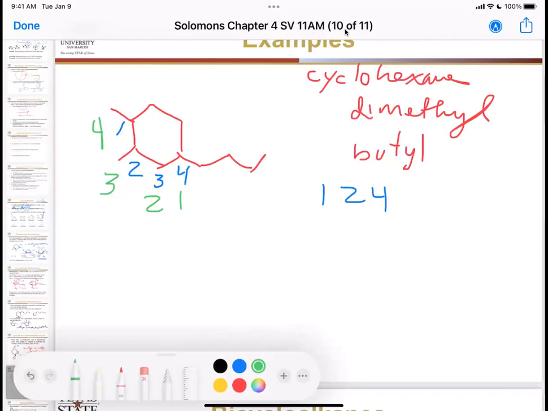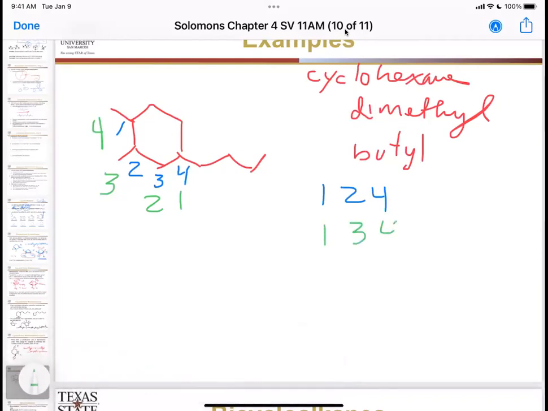In green we get 1, 3, 4. So it's the lower number. So that assigns our substituents, okay? So that means it's not the green, so we can take those out. So now we have a methyl group on the 1, a methyl group on the 2, and the butyl group is now on the 4.